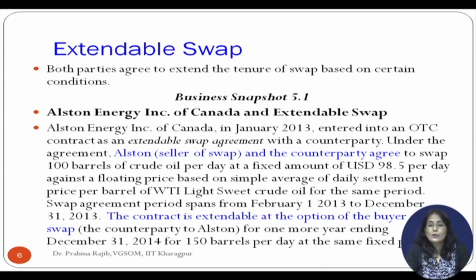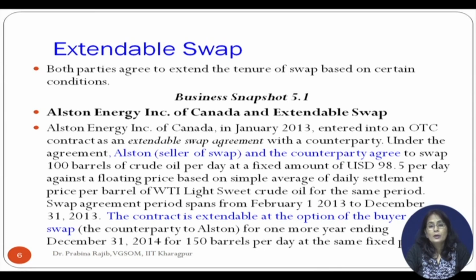The party who is fearing the price is going to go down, so that party will receive fixed and pay floating rate. Alstom's fear is that if it does not do anything, it is going to end up getting less revenue. So it agreed to receive fixed and pay a floating rate and become a seller of the swap.